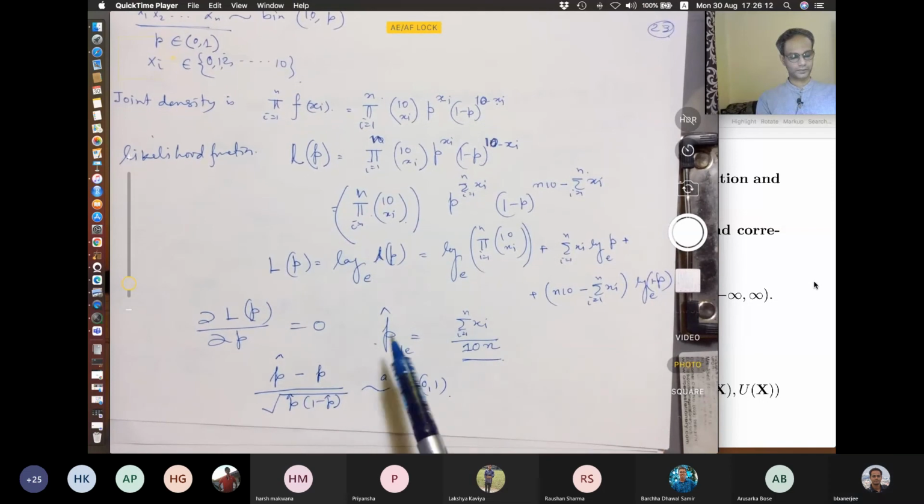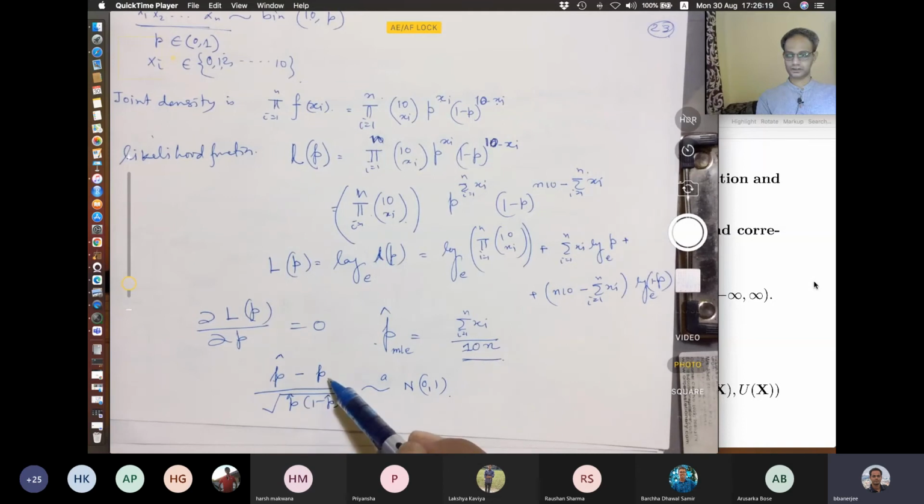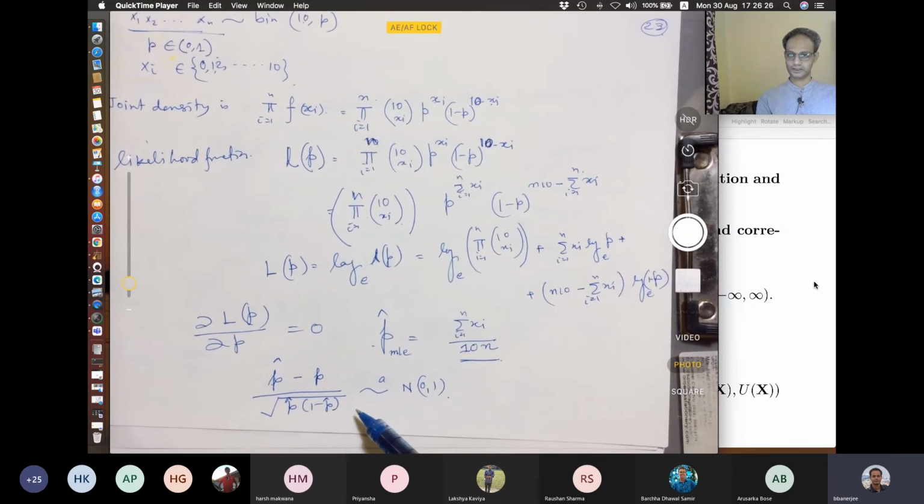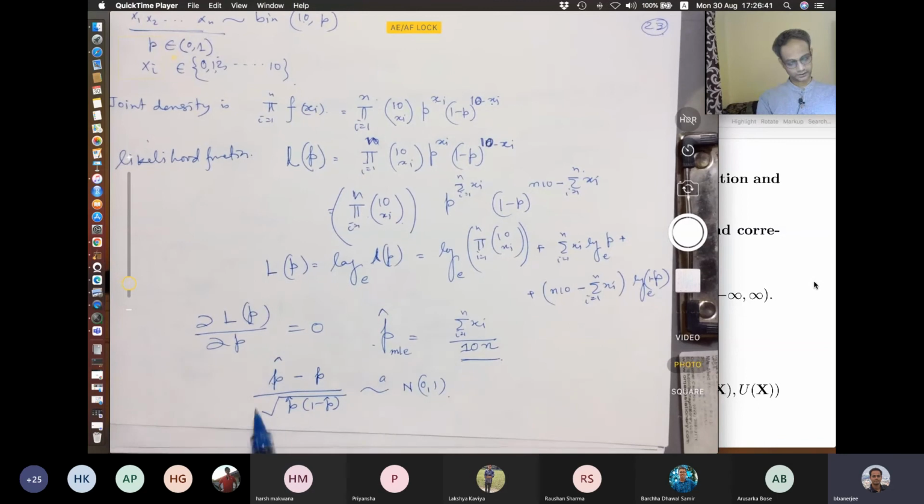Although p is a probability lying between 0 and 1, if you use p and 1 minus p, it will hold with fewer observations. But if you use p hat into 1 minus p hat, it will also go to the normal distribution as n goes to infinity. This is for the standardization.